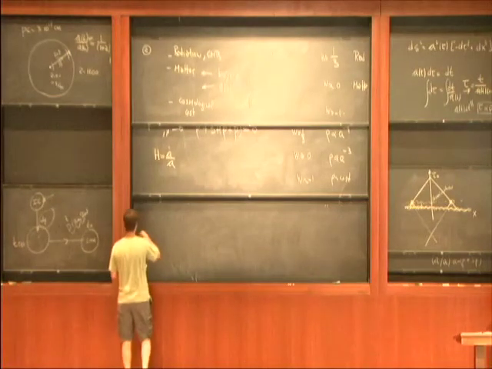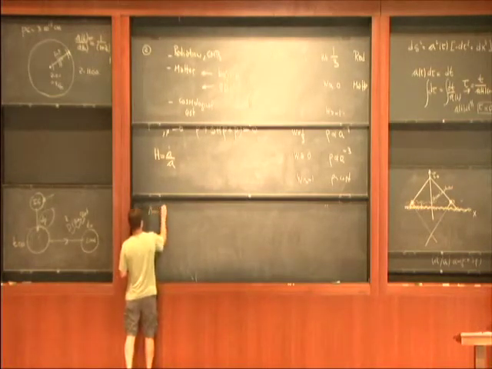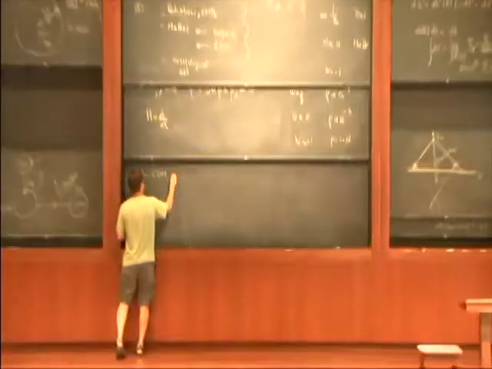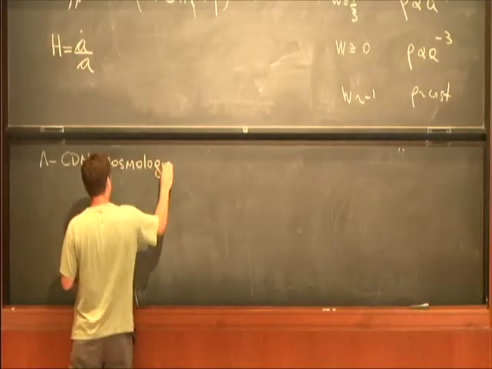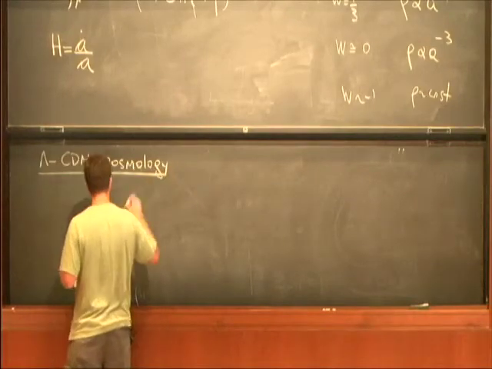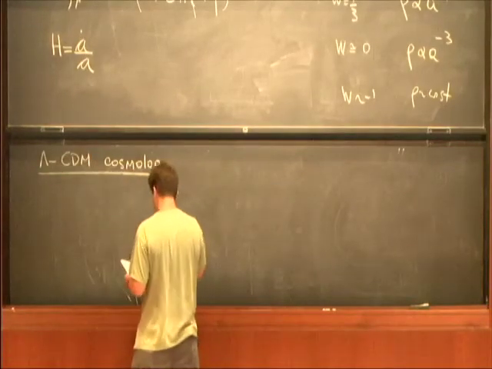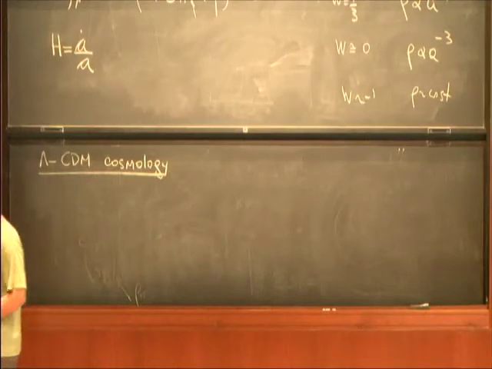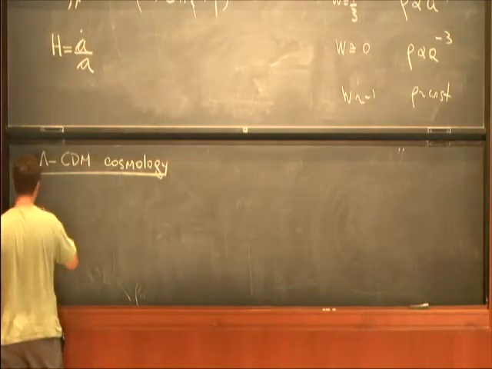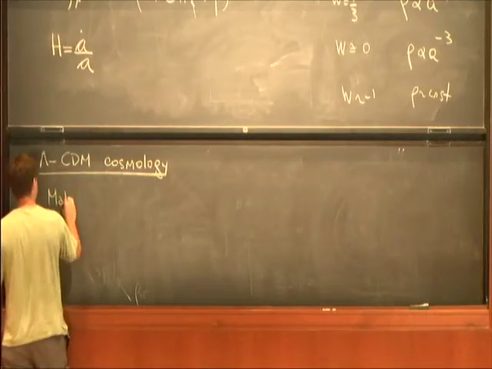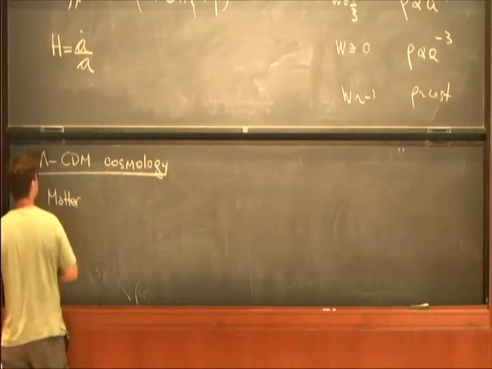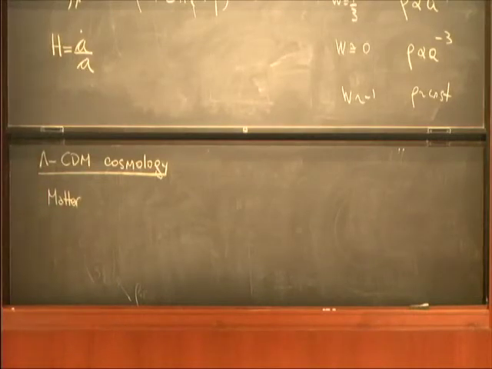So these 6 parameters, this current lambda CDM cosmology, maybe can be divided into 3 groups. One of them has to do with just the matter content, okay? And it basically has to do with the fact that we are able to determine this epoch of matter radiation equality and so on.